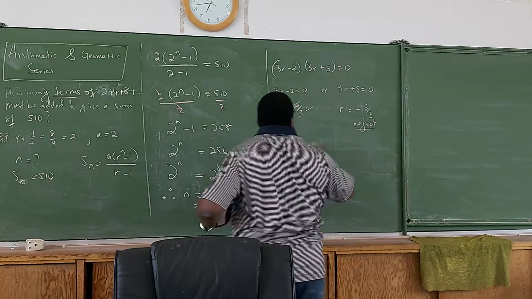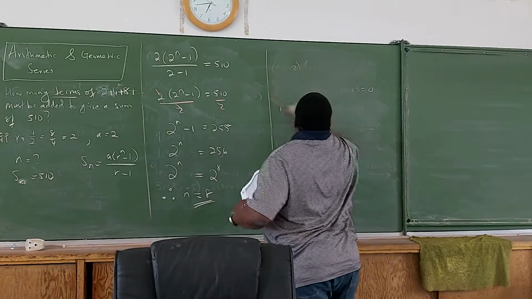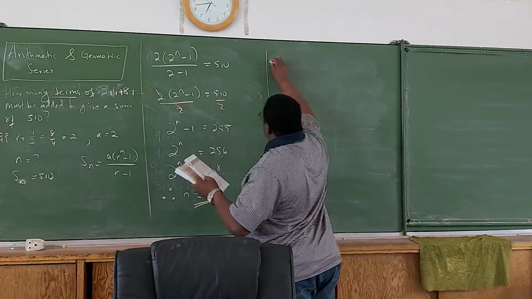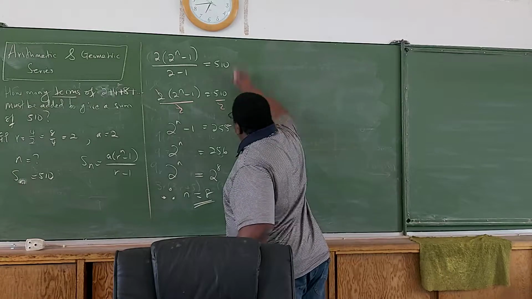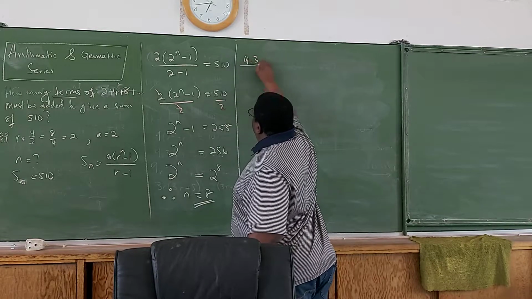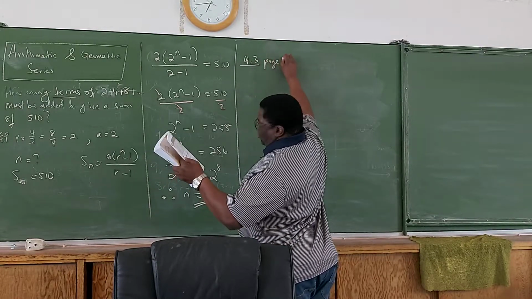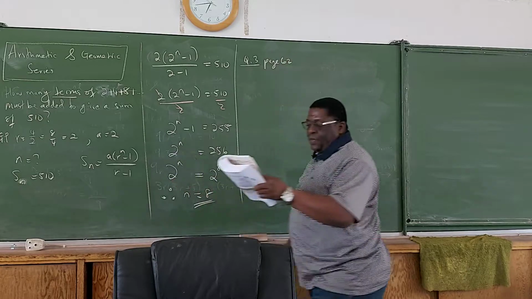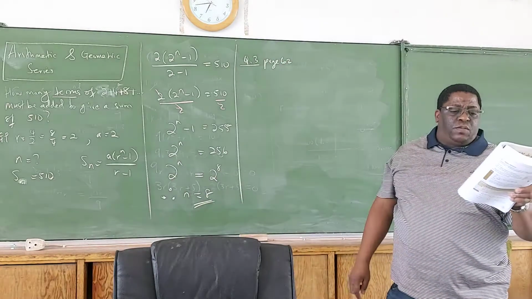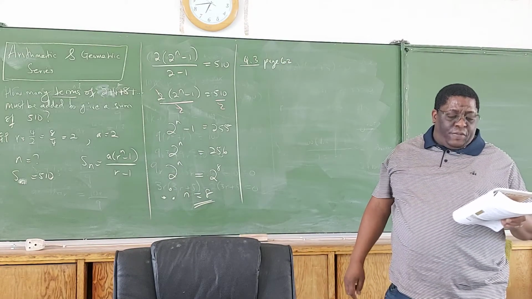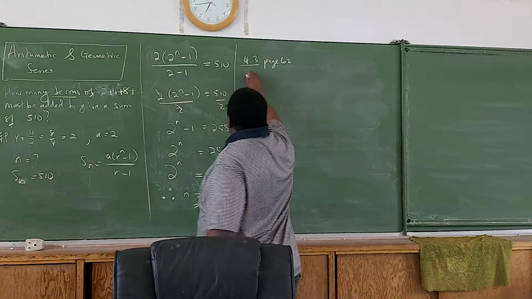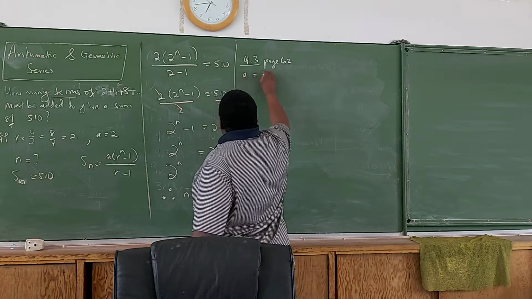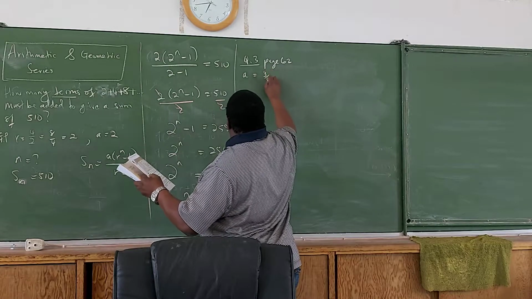This one is kind of interesting. Question 3, page 62. It says the first term of a geometric series is 3 over 4.